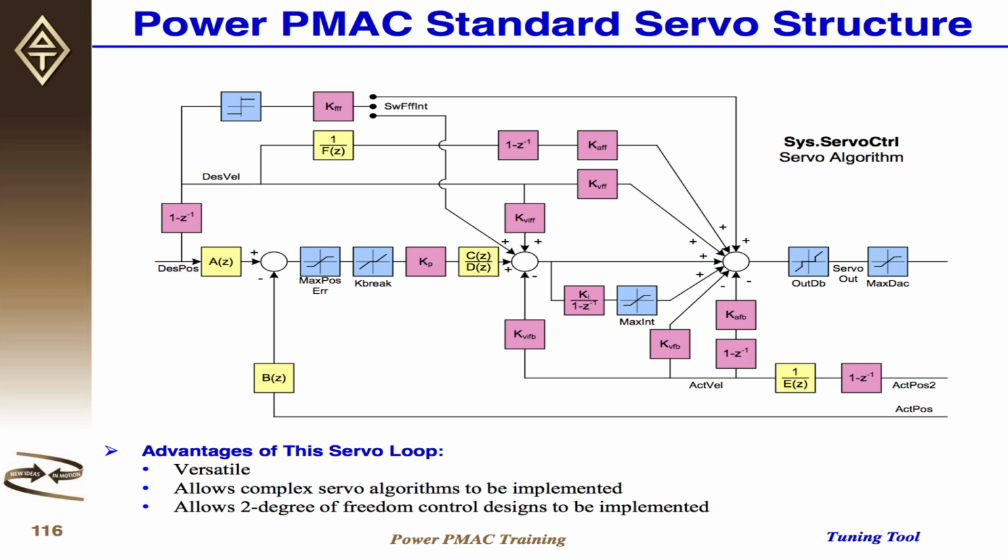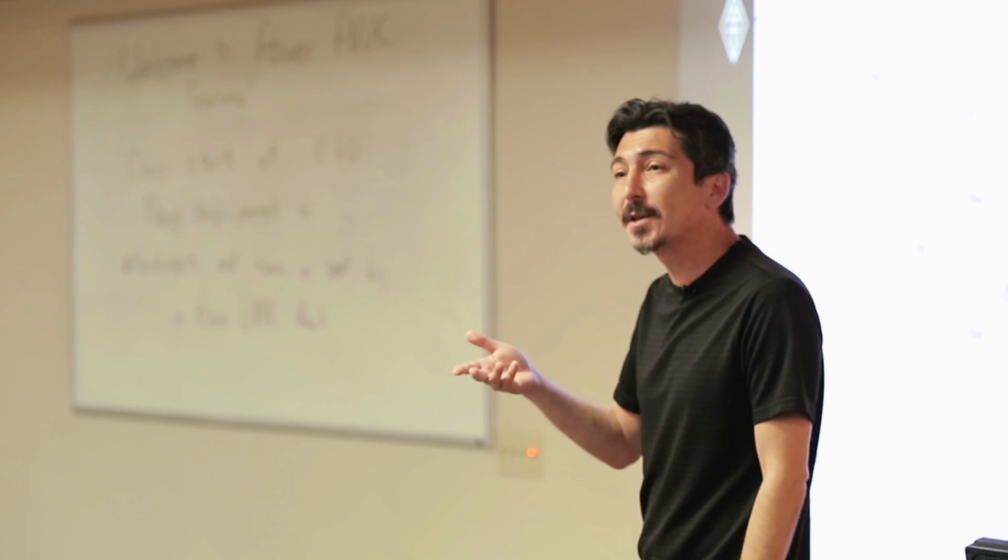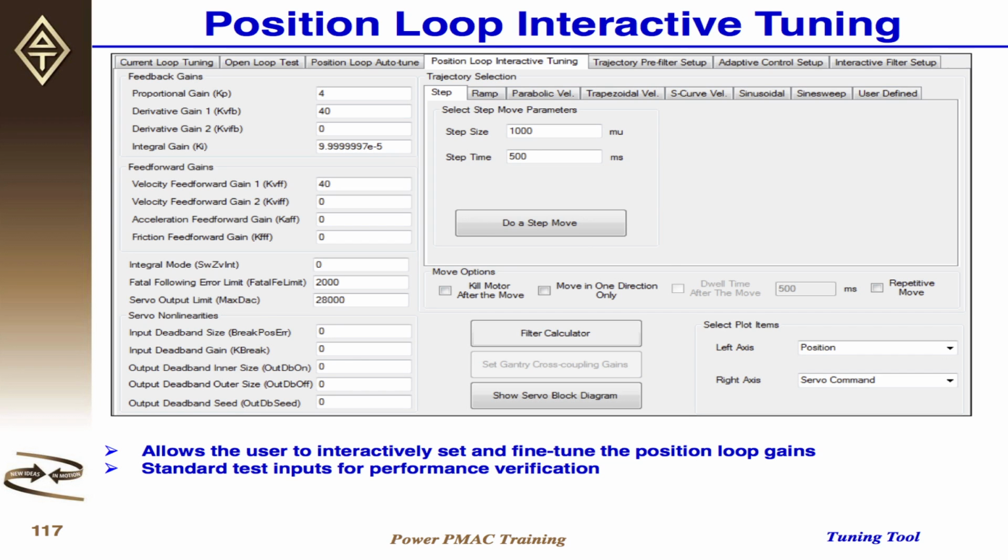And typically, the friction feed-forward is used for compensating for drive friction on your system, or Coulomb friction. So it's quite general. This allows us to do lots of things, of course. And when we talk about filters, it's going to be much clearer.